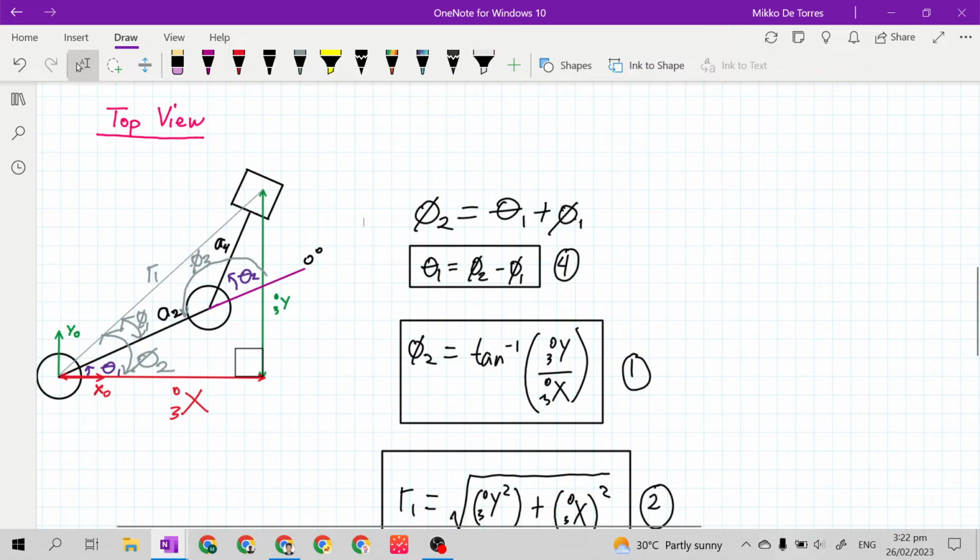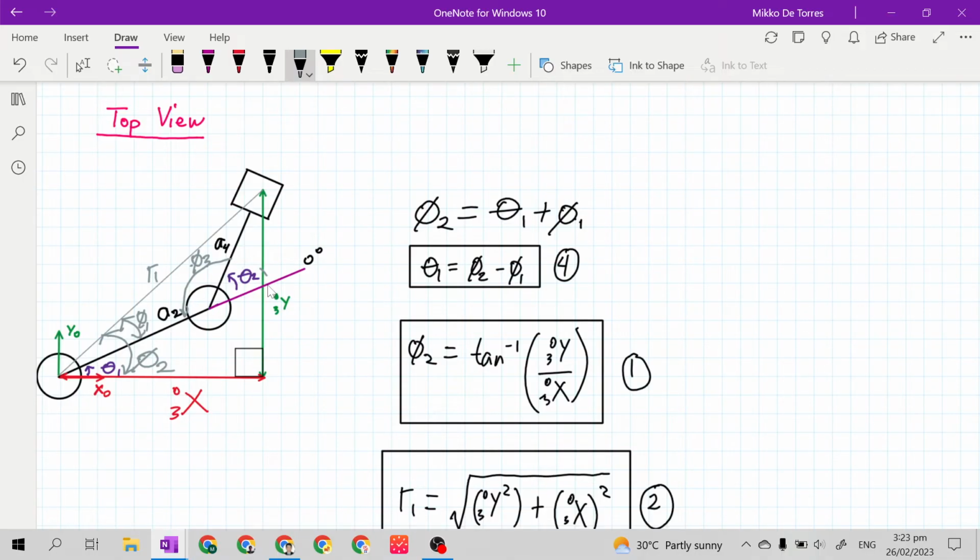And this is not theta 3, sorry. Theta 3 will not start here. Theta 3 will start at the side of A sub 4.